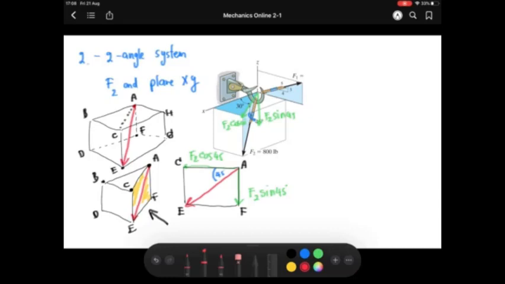You can see that this term F2 sine 45 is already on the z-axis, so it is the component of F2 in the z-axis already. But this term is not on any axis yet, so we have to look at it again on this plane.